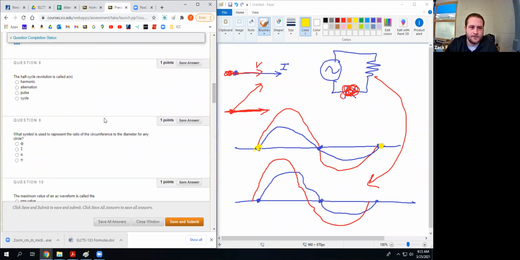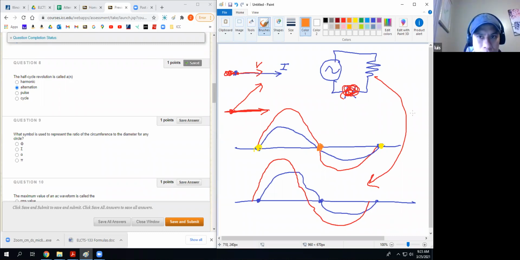What's a half cycle called? Alternating. That would be this point right here. Why do you think it's called an alternation? It changes polarity, right?